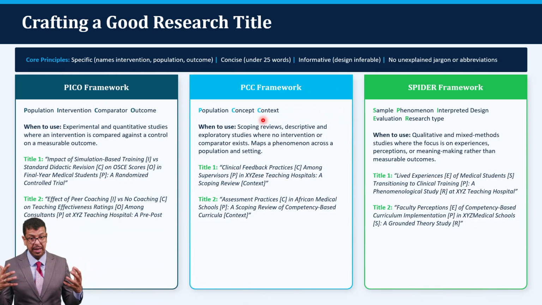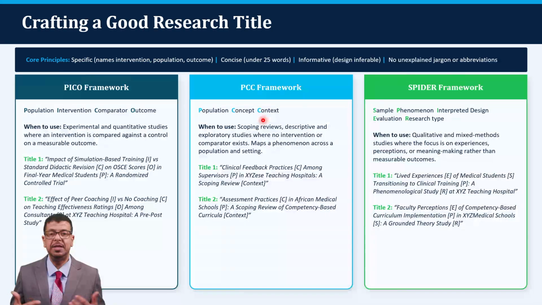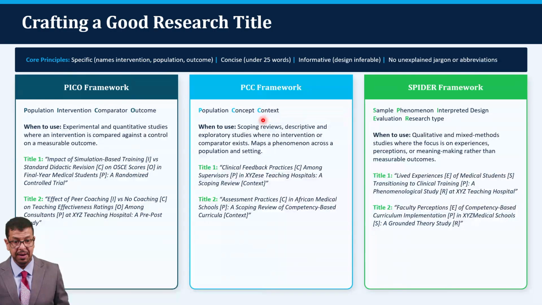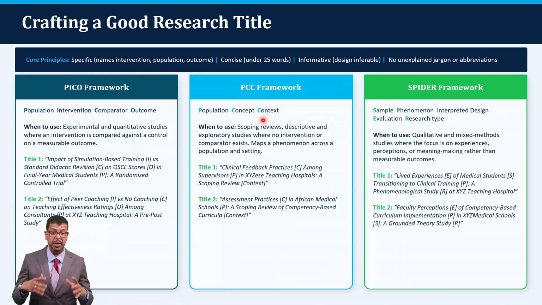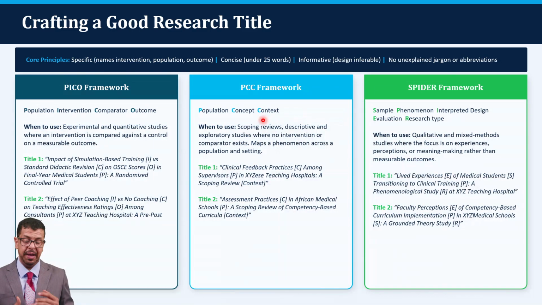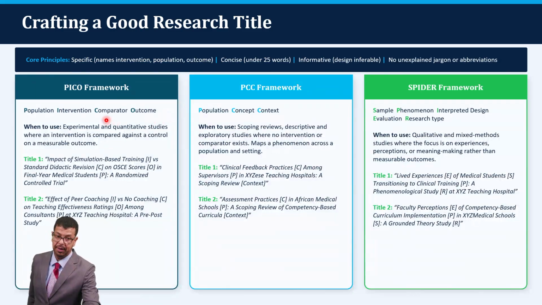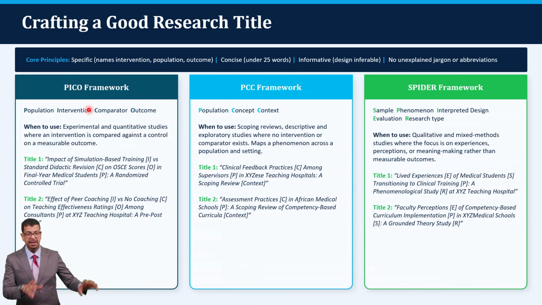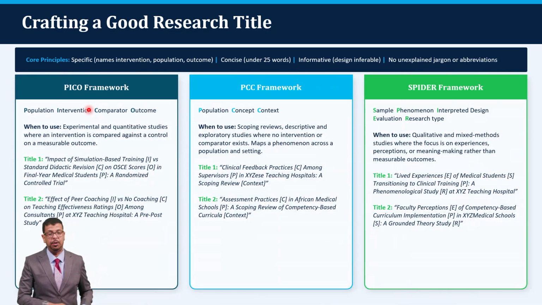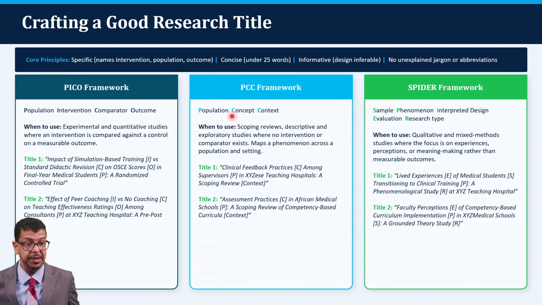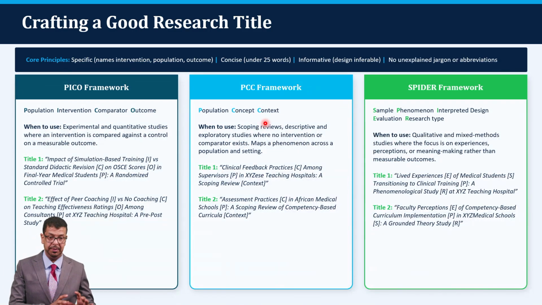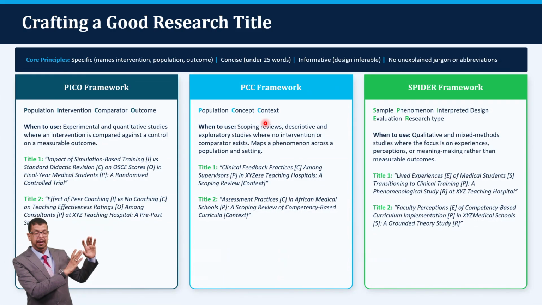Which one should I use? It depends on the study design. If I'm using an experimental and quantitative study design where there is an intervention and comparison, I should go with the PICO framework. If I'm using a descriptive study or a scoping review or systematic review, I will go with the population, concept, and context framework.